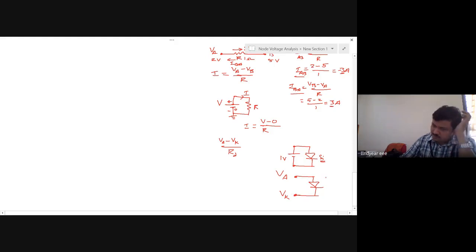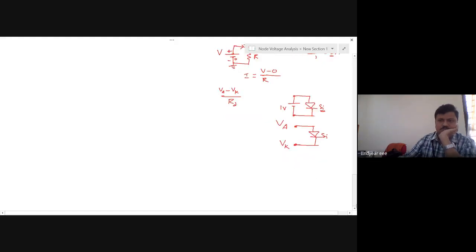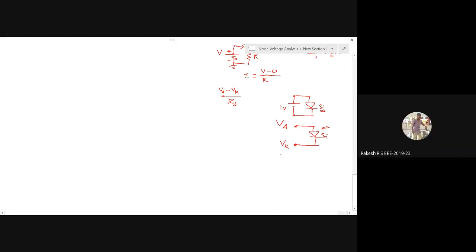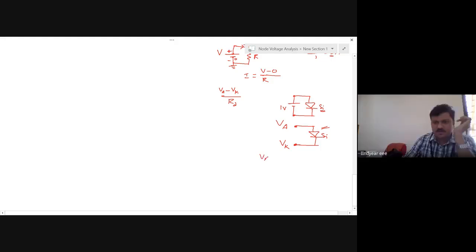In this circuit, tell me whether the diode is forward biased or reverse biased. If VA is greater than VK, it is forward bias.